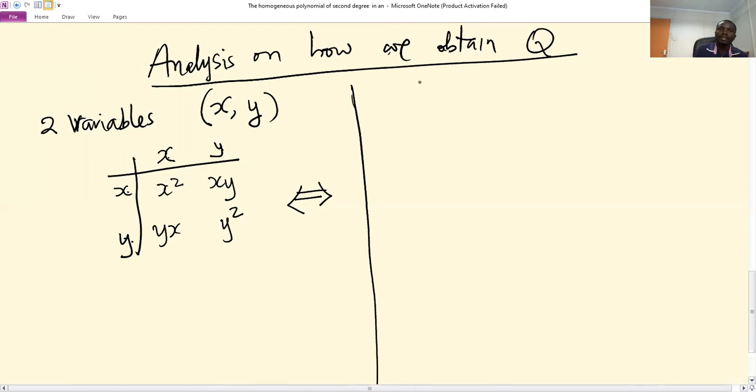So you can duplicate this and say that if I have x1, x2, then I draw the same table. x1 here, x2 there, just to be consistent.